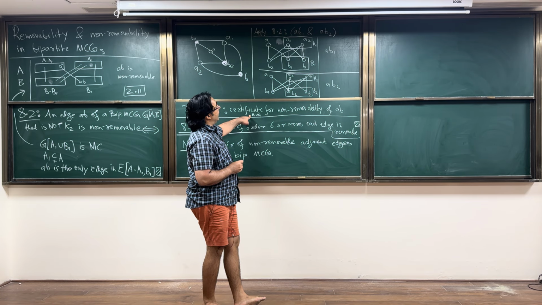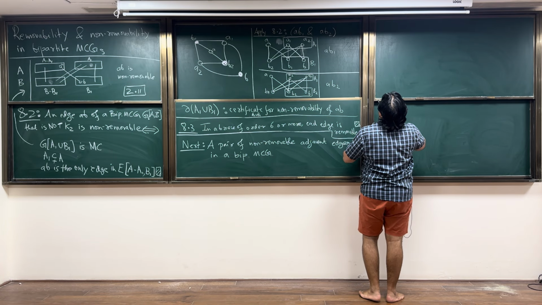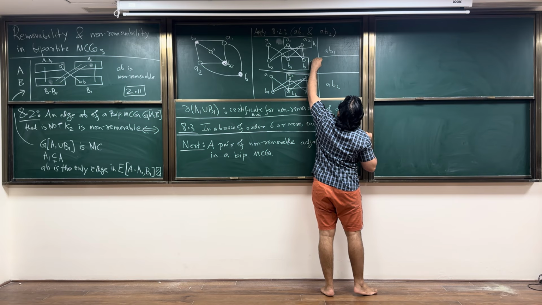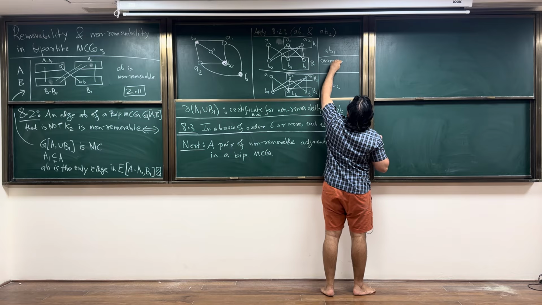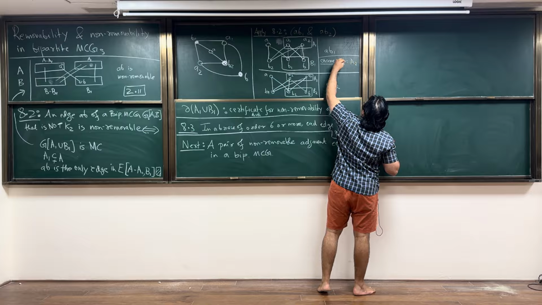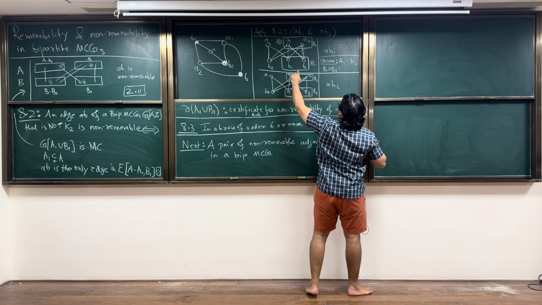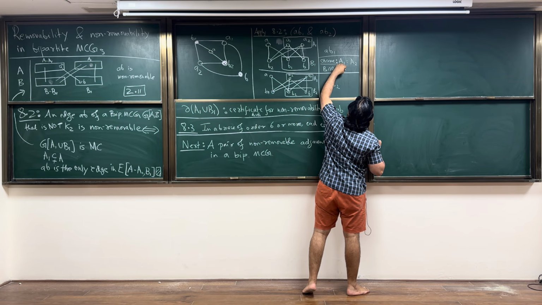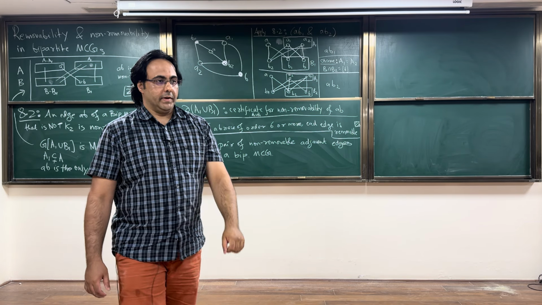In fact, A1 is equal to A2, and B1 and B2 have a common element, which is little b. Their intersection is exactly one element, which is B. The certificates are not disjoint.